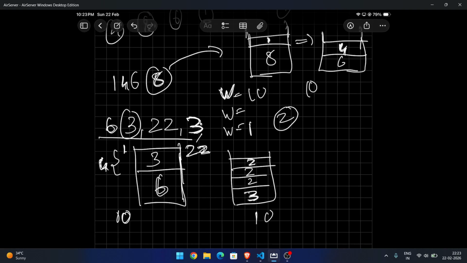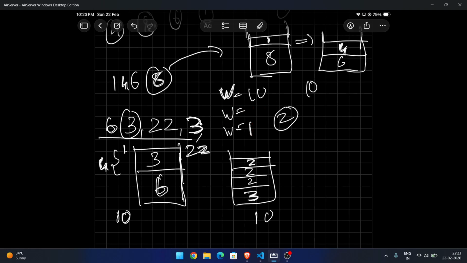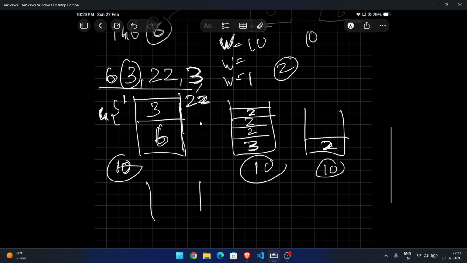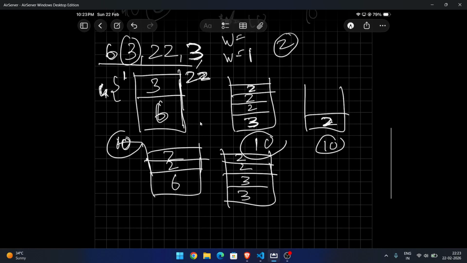But now you can see we can't put one more 2, so we would require a third lift for this 2. But that is the wrong solution, because instead, if we had put a 2 here and then the remaining 2 here, we would have done it in 2 lifts. Okay, so greedy fails.